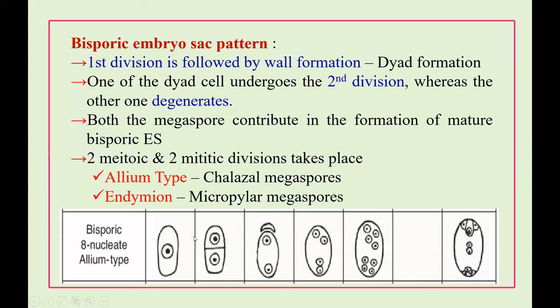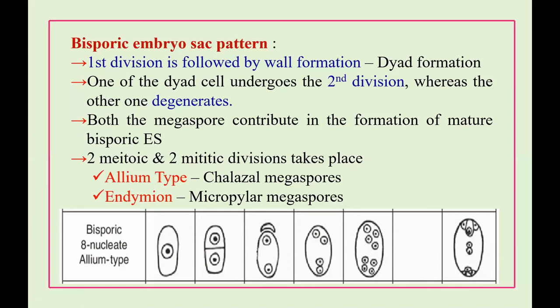That means here the first division is immediately followed by plate formation, and either the upper cell or the lower cell disintegrates, and only one cell develops into an embryo sac. And this is of two types based on whichever cell degenerates.